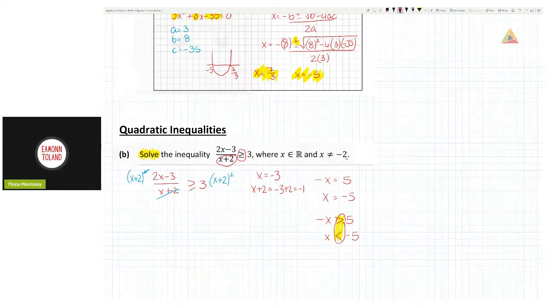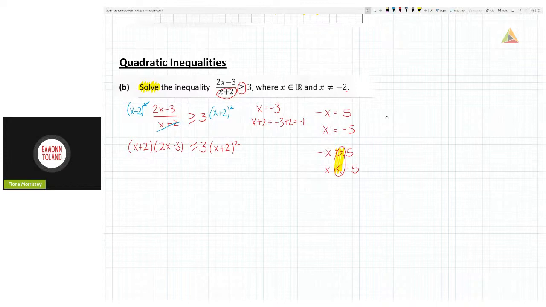And now what we're left with on top, we have an x plus 2 times a 2x minus 3 greater than or equal to 3 times x plus 2 squared. All that's left to do is just multiply out those brackets and solve the resulting equation. So on the left-hand side, I'm going to split that first bracket and I'm getting x by the second bracket and plus 2 by the second bracket greater than or equal to 3.